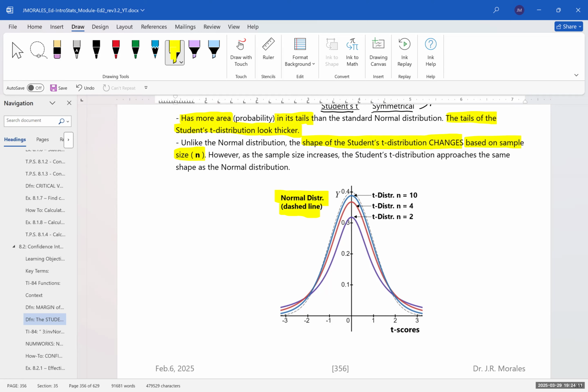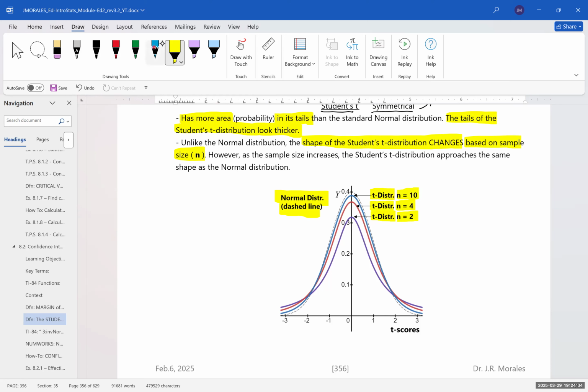But the reason why there are three different ones is the purple one is the student's T distribution when you've got a sample size of 2. The red one is the student's T distribution when you have a sample size of 4. The blue one is the student's T distribution when you have a sample size of 10.